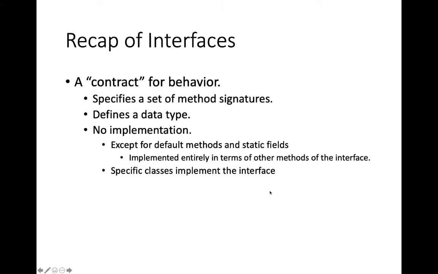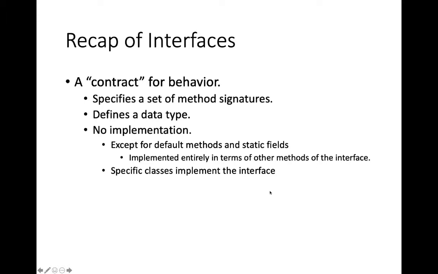Okay, so a quick recap of what interfaces are and why we want to use them. They are a contract for behavior. It specifies a set of method signatures that an implementing class has to provide. It defines the data type, right? Relative to data structures, an interface is essentially the definition of an abstract data type.